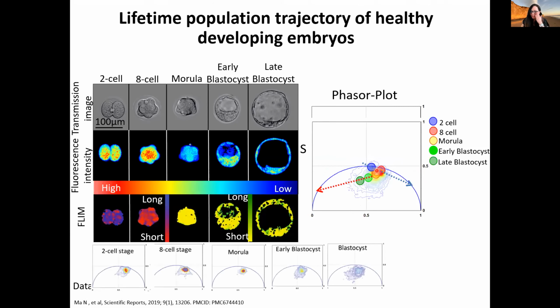However, instead of figuring out exactly if we're looking at NADH in a particular bound state, we just decided to look at the differences in the signature for each one of these stages.